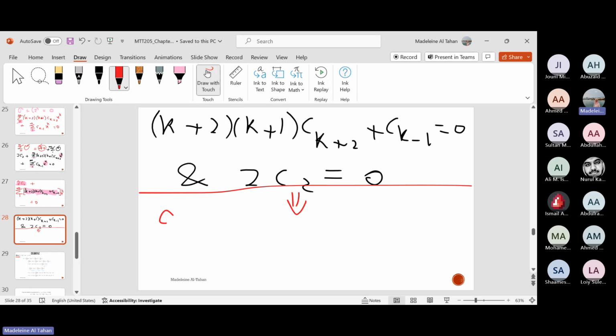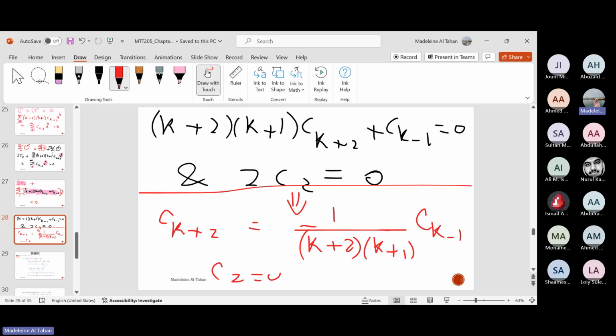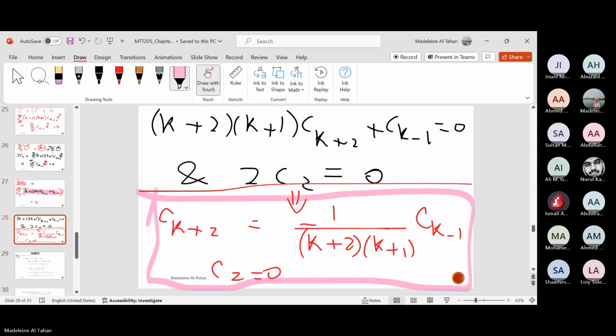Can we write it as c_{k+2} = -1/((k+2)(k+1)) c_{k-1}, and c2 = 0? Yes. Bring minus c_{k-1} to the other side, it becomes minus, and divide by (k+2)(k+1).